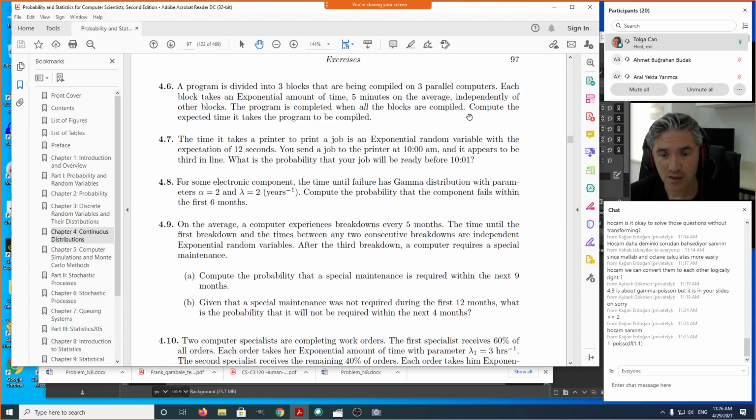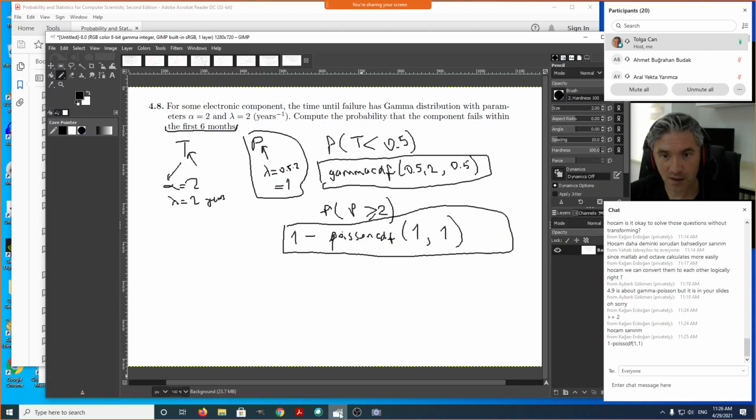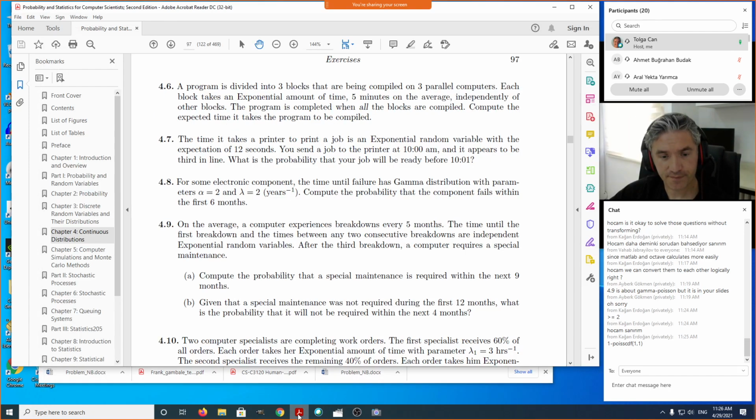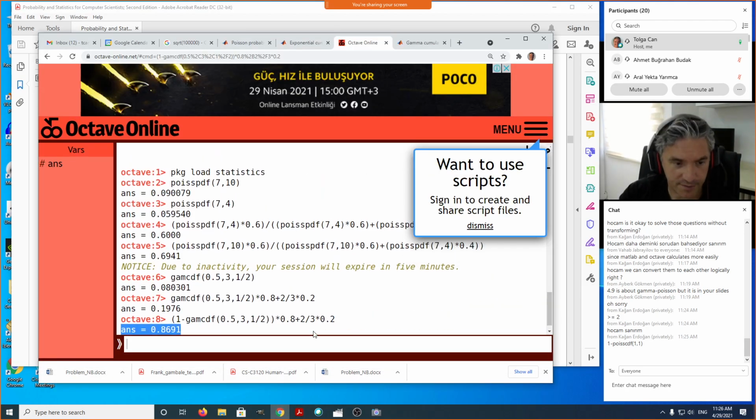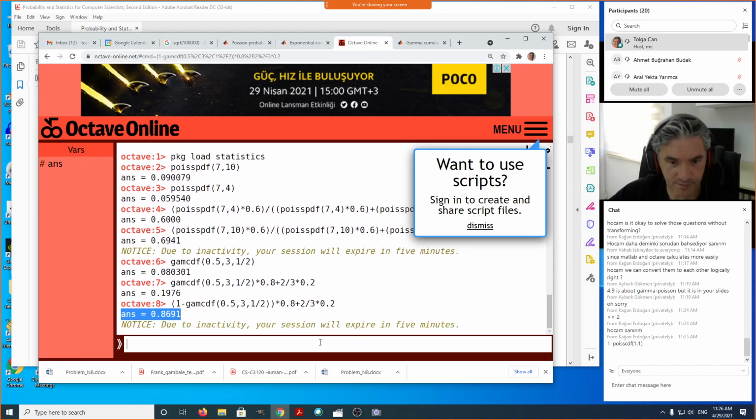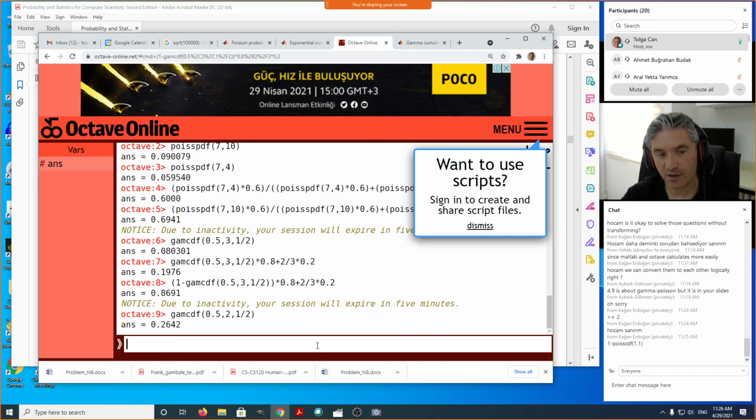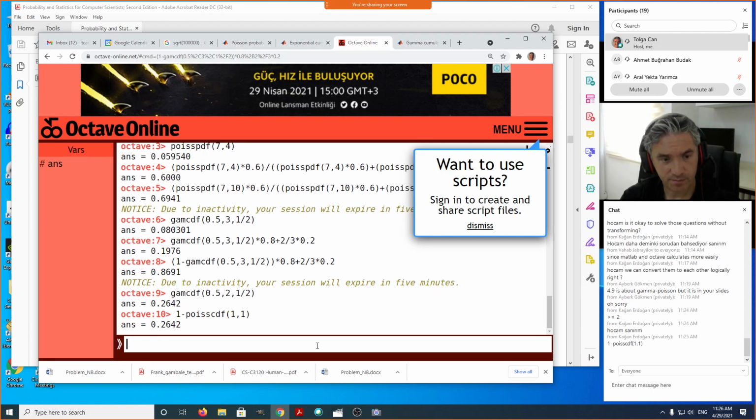Let's check that. Gamma CDF 0.5, 2, 0.5. This is the probability we computed using that. And Poisson CDF 1, 1. They're exactly the same probabilities, as you can see.